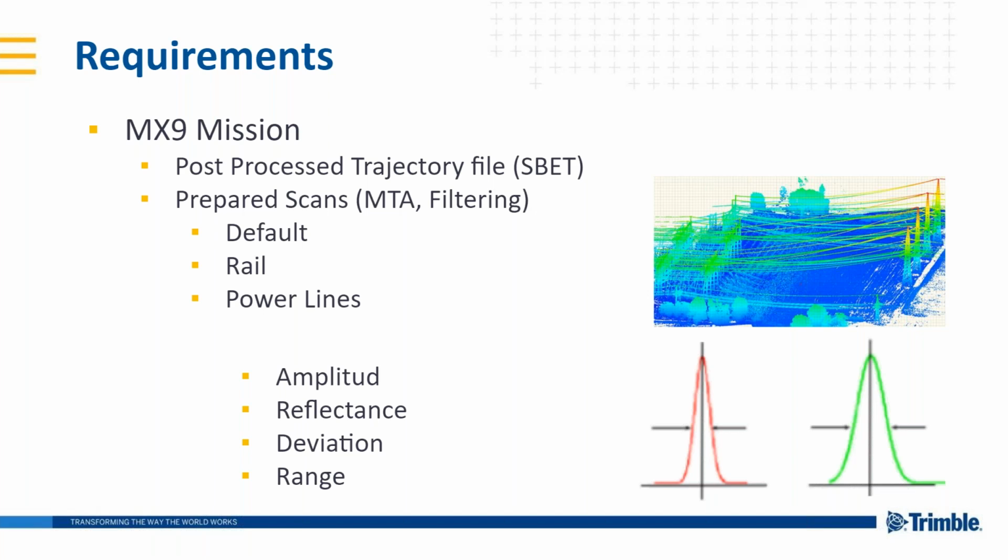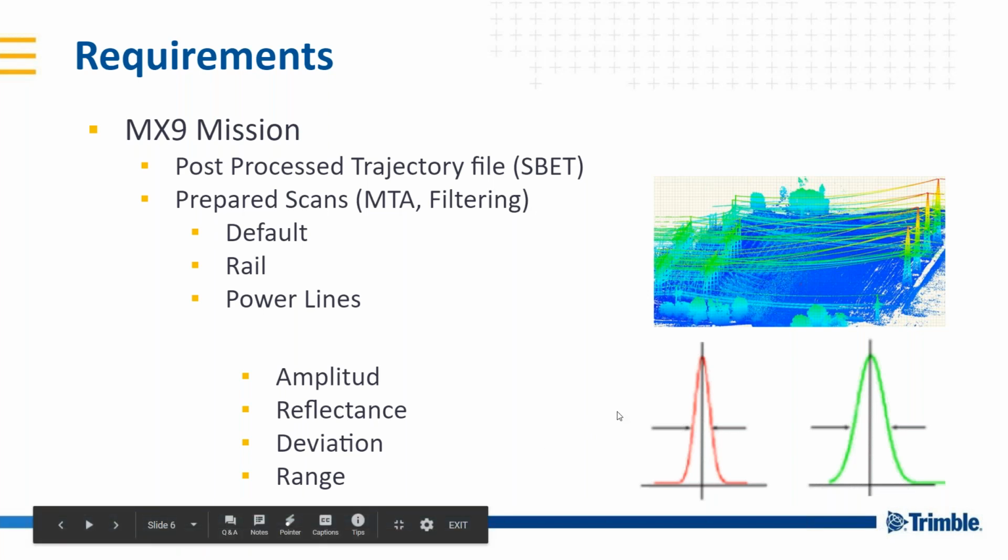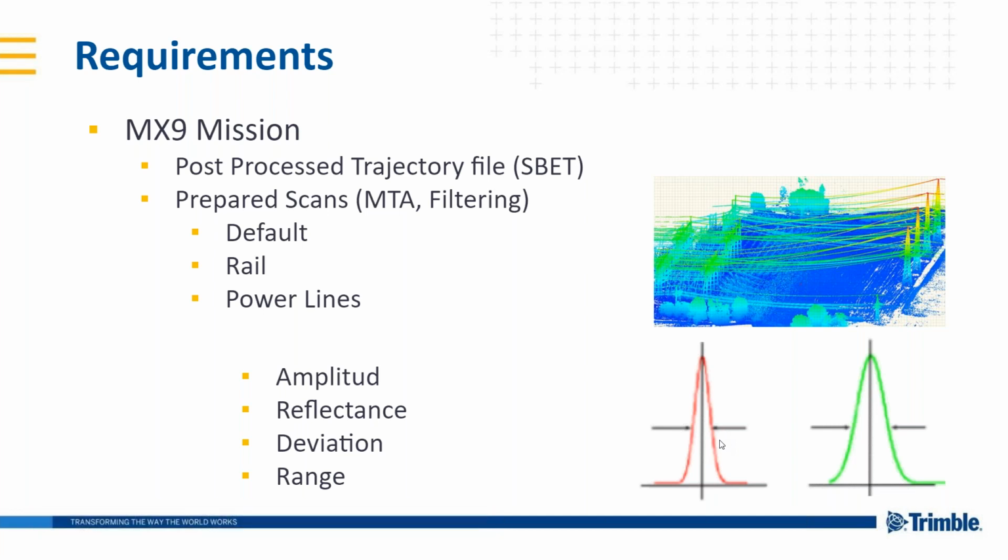Another important feature that we will use in the filtering is the deviation. The deviation we will see in the lower right-hand side of my screen. We will have the shape of the returning and emitted pulse, and the deviation is the comparison of the difference between the shape of the emitted pulse against the returning pulse by comparing the area below the curve of this shape.